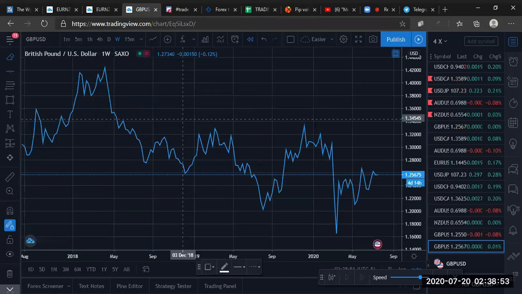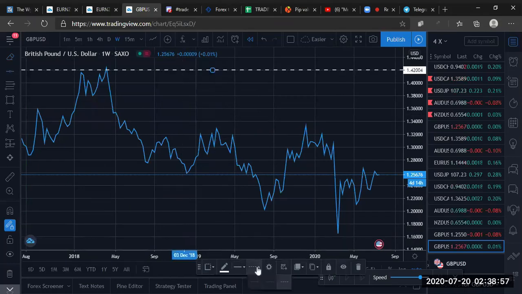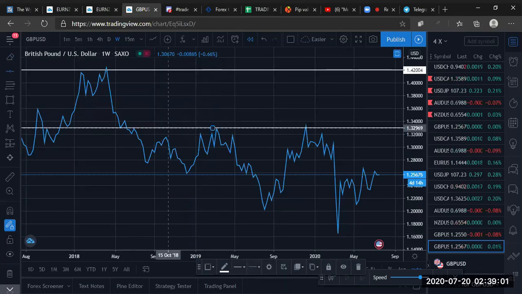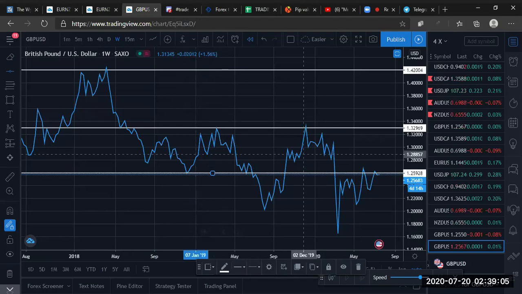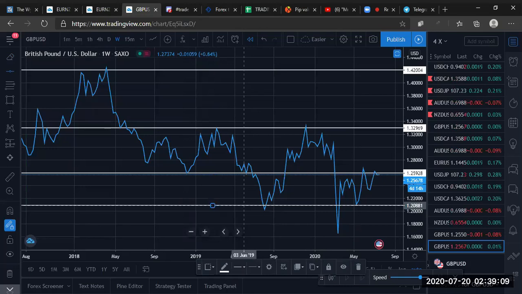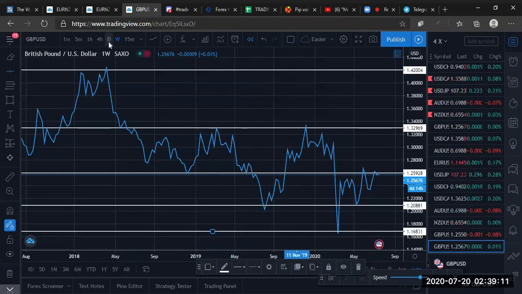So this is a strong area up top. See how many times it came back and rejected. Come down here. This is a strong area. Come down here. This is a strong area, and it's currently in the area right now. And this is a strong area, and this will probably be the last strong area. Head down to the daily.